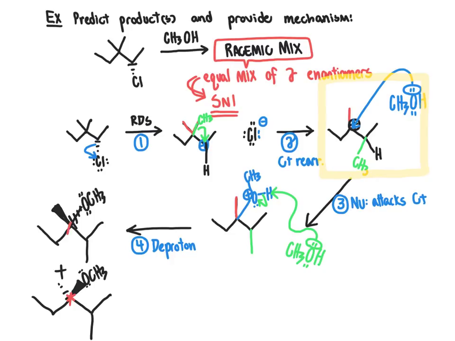So here and here we have the R and the S configurations, or in other words, these two molecules, if made in equal quantities, are what we would describe as a racemic mixture of our products.